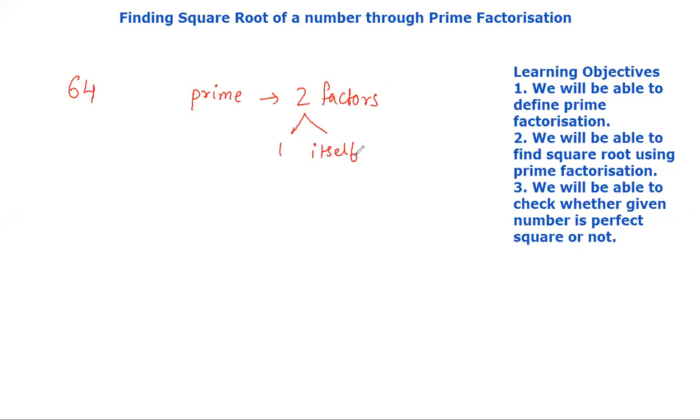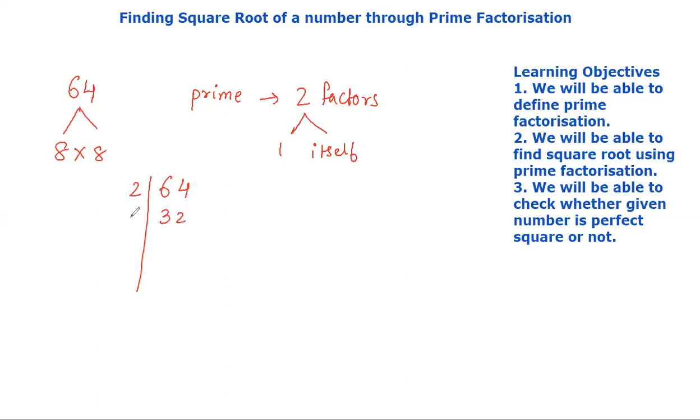And prime factorization means you have to factorize the number in such a way that you are expressing that number as the product of prime numbers, right? For an example, 64 can be written as 8 cross 8, right? It can be written as 8 multiplied by 8, but we know that 8 is not a prime number, right? So the prime factorization means we have to express the number as the product of prime numbers.